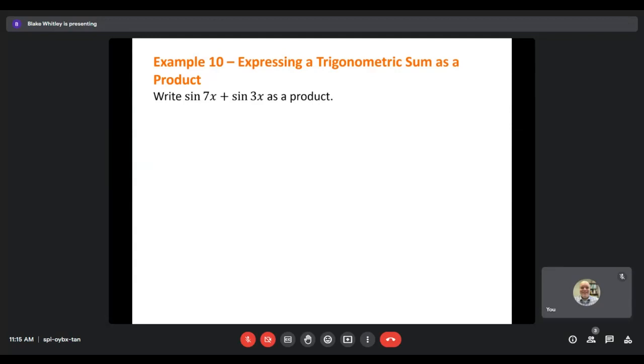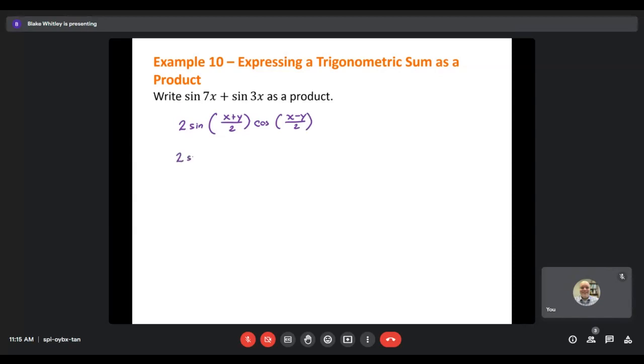So I'm going to continue on here. So again, remember we're using our formula here that says this is going to be equal to 2 sine of (x plus y) over 2 times cosine of (x minus y) over 2.